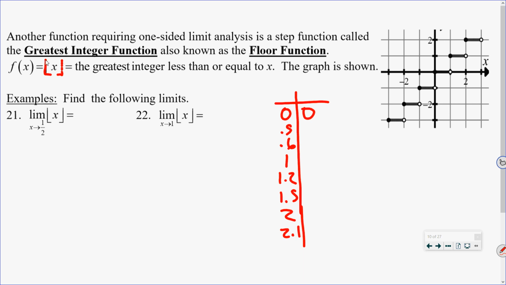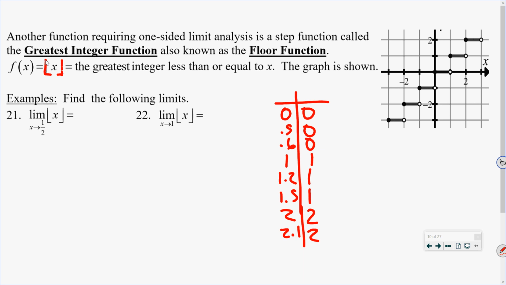If I plug 0.5 in, I want the greatest integer less than 0.5, which is 0. The greatest integer that's less than 0.6 is still 0. It will always be 0 until I get to 1. Once I get to 1, it jumps up to 1. At 1.2, you round it down, it's still 1. 1.5, it's still 1. When I get to 2, now it jumps up to 2. And then 2.1, and it stays at 2 until I get to 3.